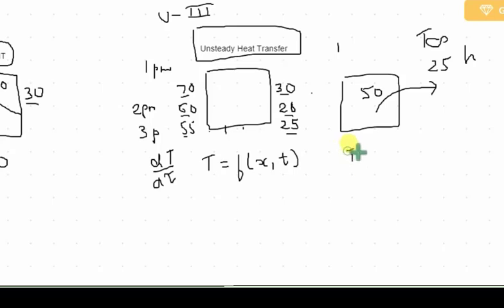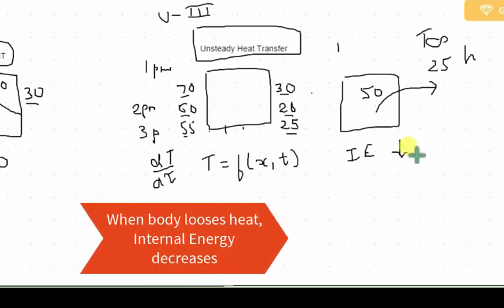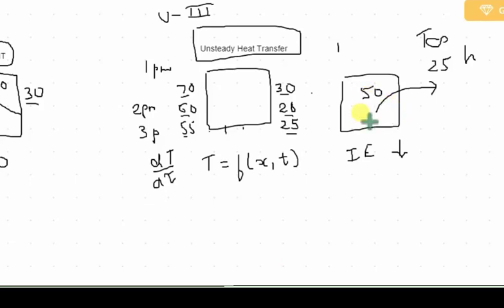That the internal energy of the body is decreasing. And how can you measure this? You can measure this by the decrease of temperature. After some time the body will attain a temperature of 40 degrees. Again after some time the body will attain a temperature of 30 degrees and so on.